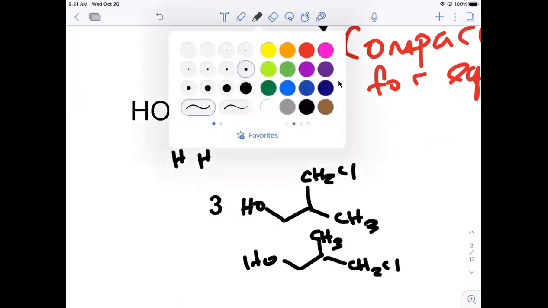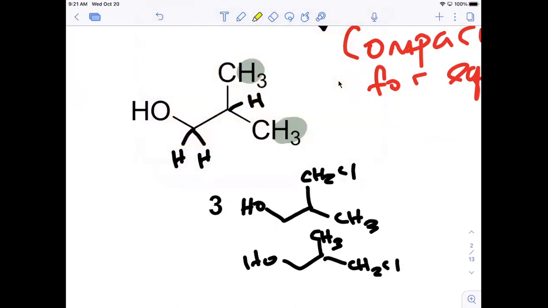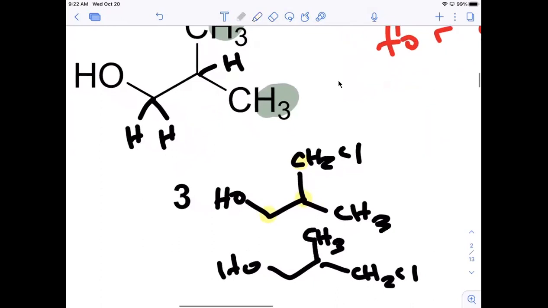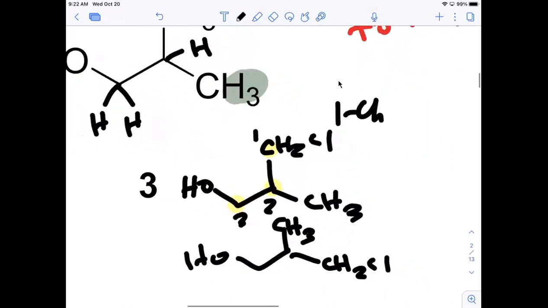Let's name it real quick. 1, 2, 3. I'm going to start counting at the chlorine. So this is going to be 1, 2, 3. So 1 chloro, 3 propanol. Hold up, 1 chloro, 2 methyl, 3 propanol.